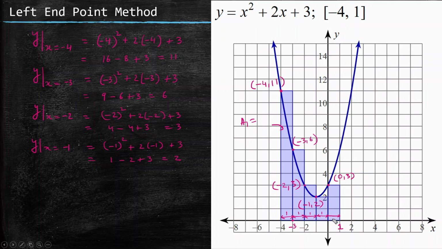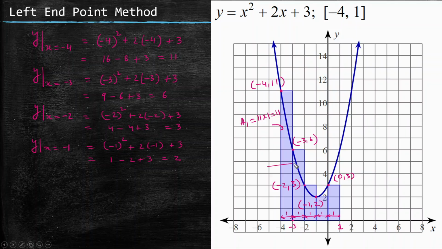We need to have the same width, but the heights are changing. So changing to 11, so area 1 will be 11 times 1. So the height of the rectangle times width, that will be 11 times 1 or 11 units.